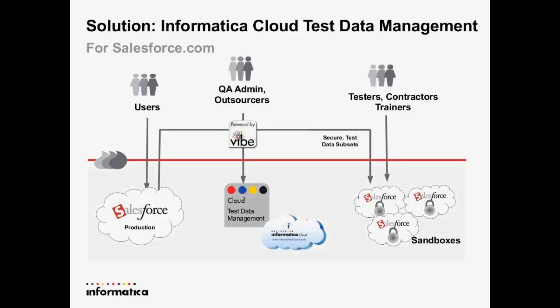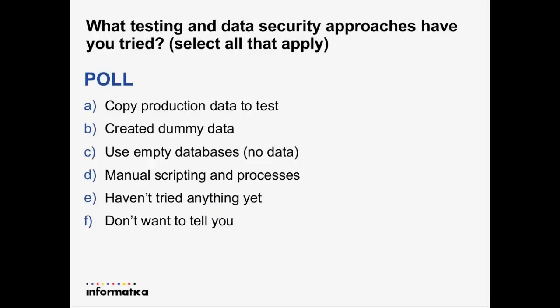It subsets and masks the data based on those rules, and then inserts in just the data that is required for the test data set, and it's masked in the process so that when it lands in those empty developer environments or sandboxes, there's a small test data subset that's purpose-built for that need, and it's secure. So again, you're never exposing your pipeline information or sales information to people that don't work for the company or to the unauthorized users. So I'm going to open it up to the second poll.